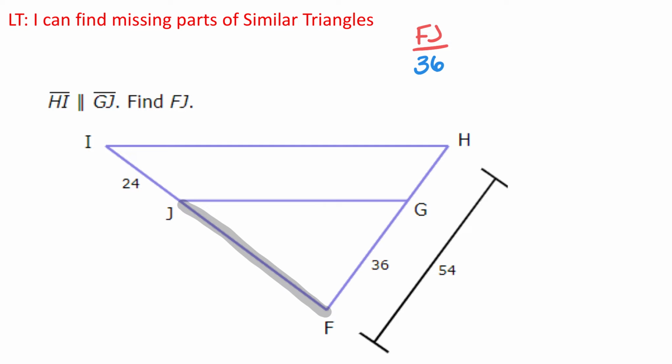So I've chosen to set up my proportion this way. So now we'll keep on going here. Since I chose FJ as my numerator, I need to keep it pretty consistent. So I'm going to pick a numerator from the same side, which is 24 for JI.